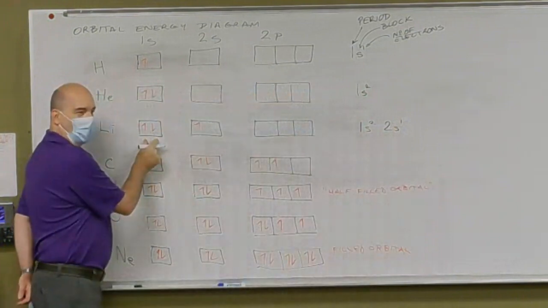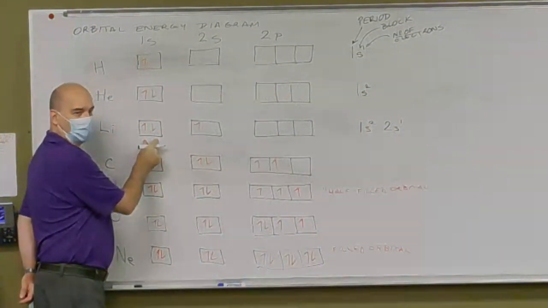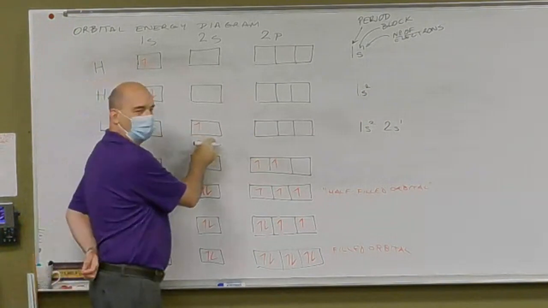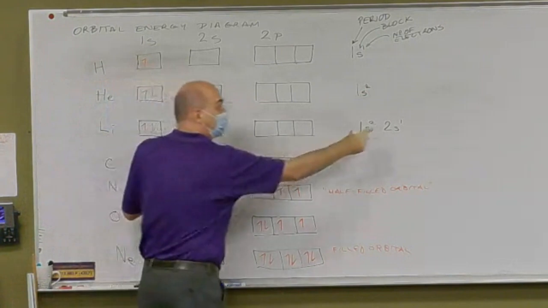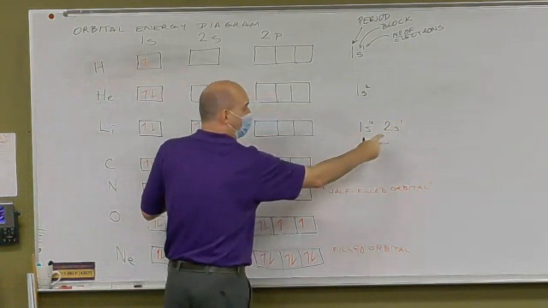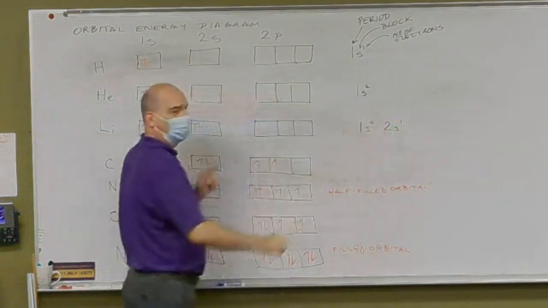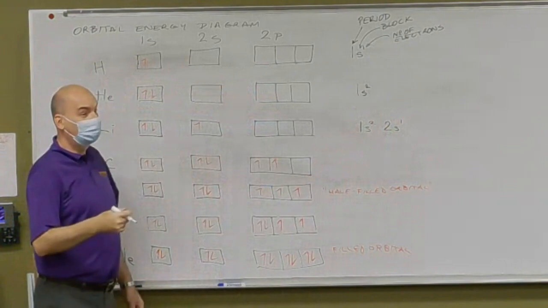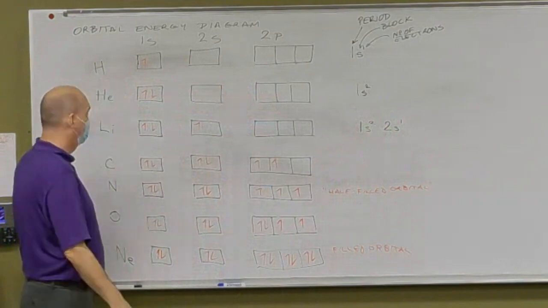I have 2 electrons in the 1s. That's my 1s2. And then I move on and I put 1 electron in the s orbital in the second period. So it goes 1s2, 2s1.